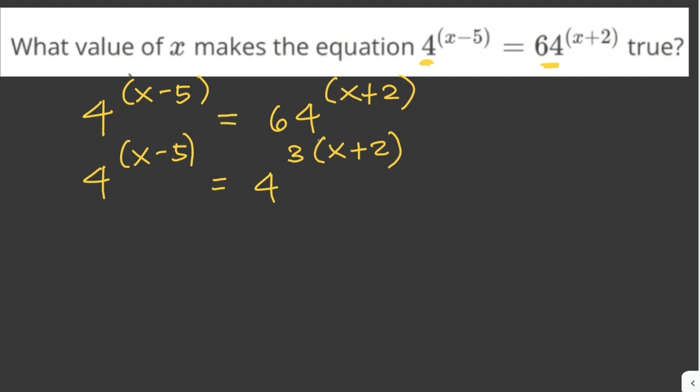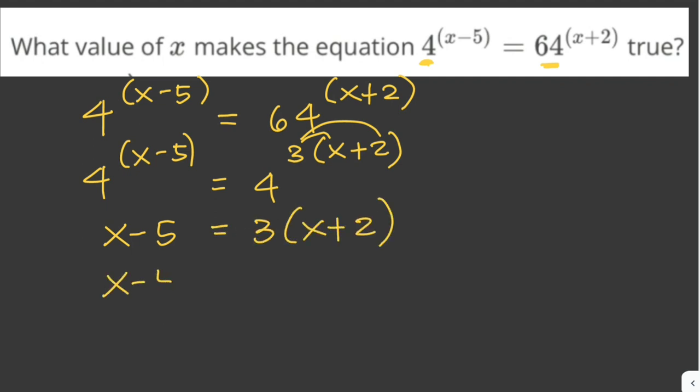Using the law of exponents, we can just multiply 3 to the exponent x plus 2. Now we can equate the exponents of both sides. This would be x minus 5 equals 3 times x plus 2. And this is equal to 3x plus 6.